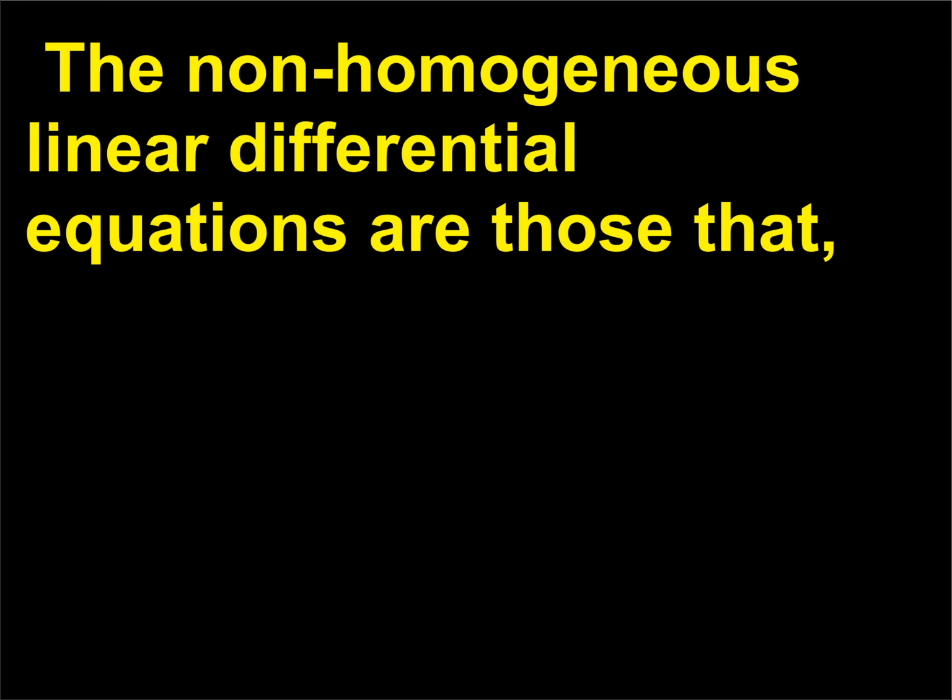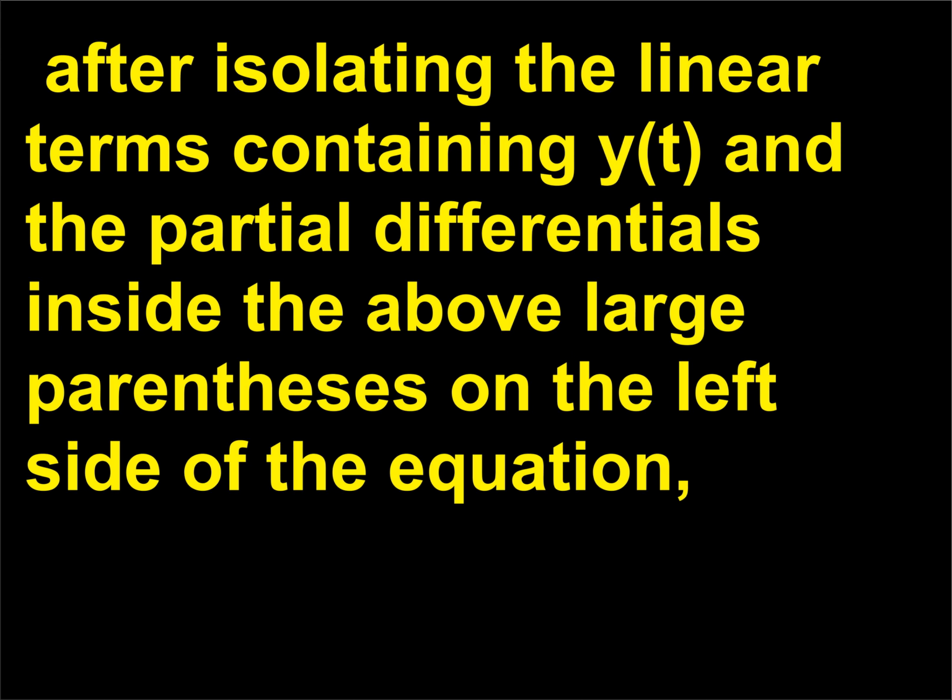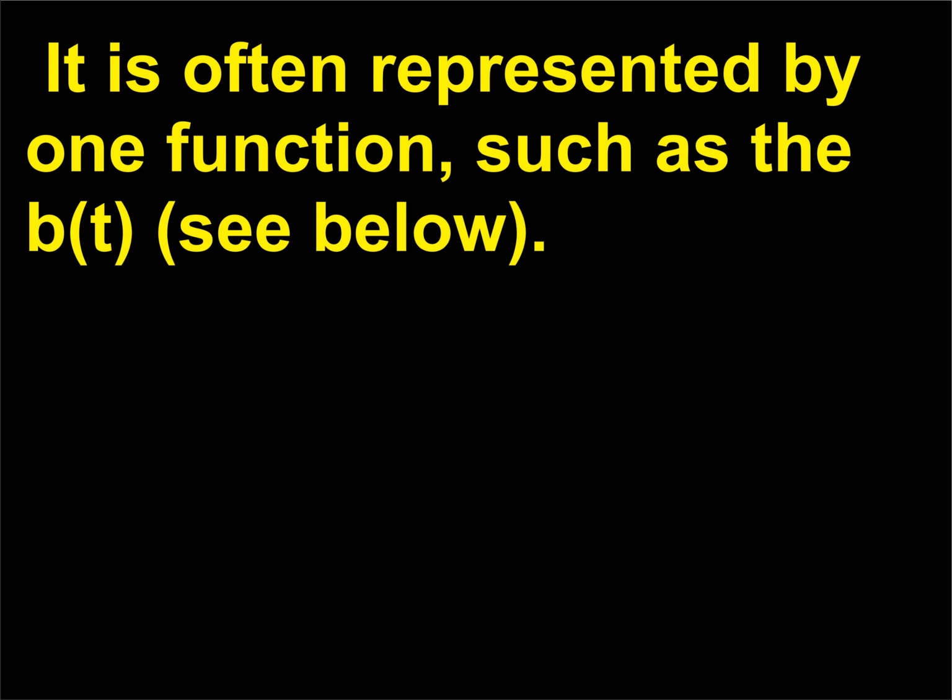The non-homogeneous linear differential equations are those that, after isolating the linear terms containing y(t) and the partial differentials inside the above large parentheses on the left side of the equation, do not set the right-hand side identically to 0. It is often represented by one function, such as the b(t), see below.